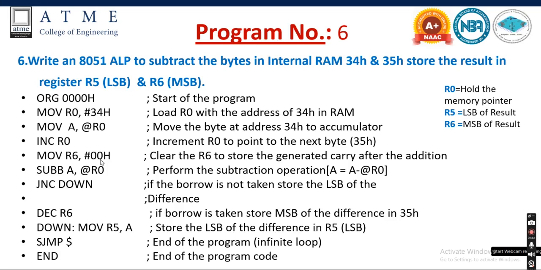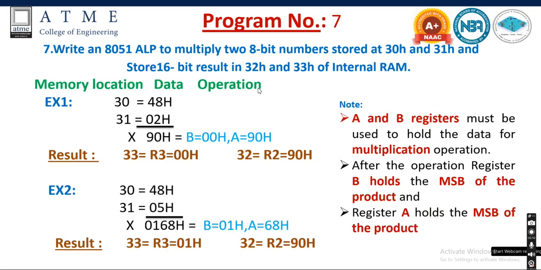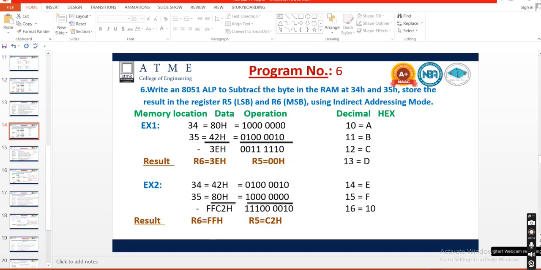Whenever 00 is decremented by 1, the content becomes FFH. The detailed explanation is the same as for the addition, so you can refer to the previous video for the full explanation of this program.